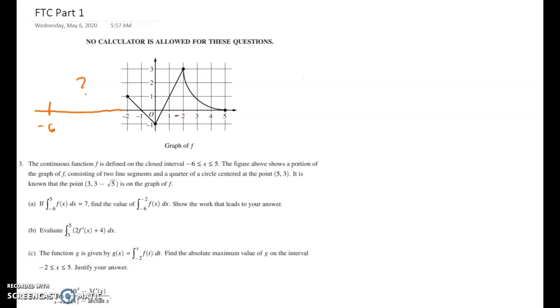Luckily, they gave me this piece of information about the integral from -6 to 5, and I have the ability to figure out the integral from -2 to 5 because I have a picture of that graph. So what I know is that if I take the integral from -6 to -2, that's what I want to find out.